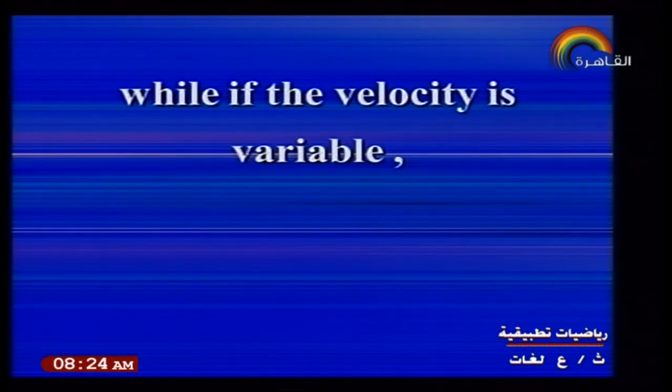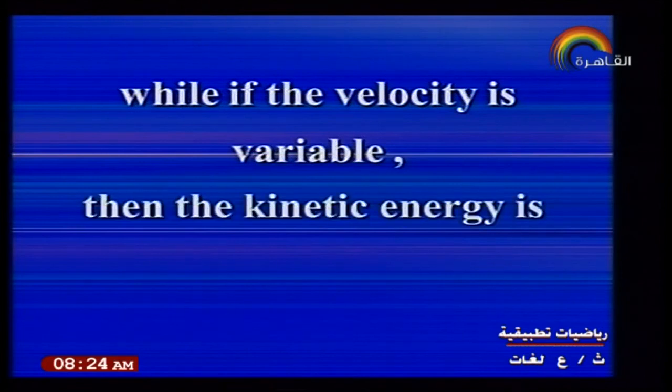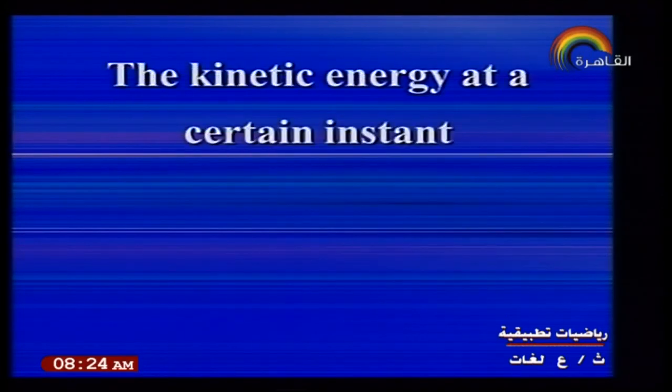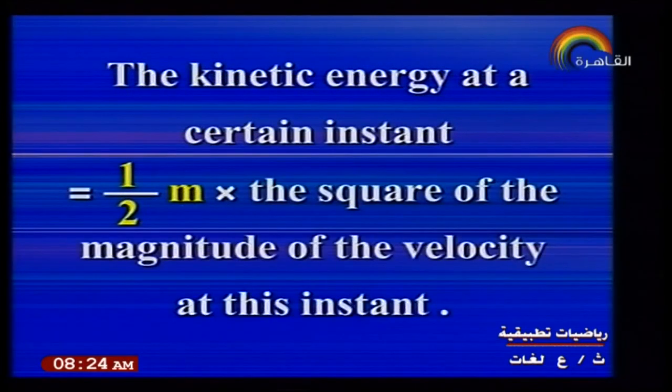While if the velocity is variable, then kinetic energy is also variable, and it will be the kinetic energy at a certain instant, which equals half m times square of the magnitude of the velocity at this instant.